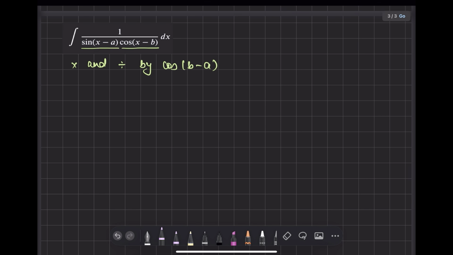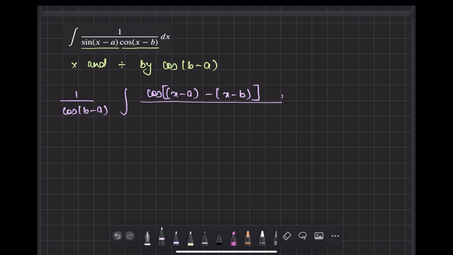Okay, now suppose that you are in this situation. So you know that if it is different, we will be multiplying and dividing by cos. So look at this, what will happen. So it will become cos b minus a, and look at this, how we will manipulate this one. So it is cos of x minus a minus x minus b dx. Okay, we have sin x minus a cos x minus b.